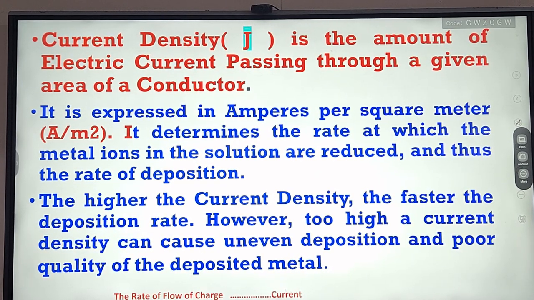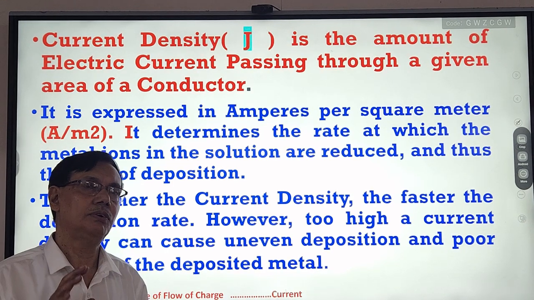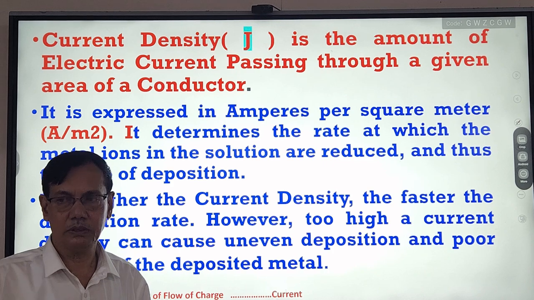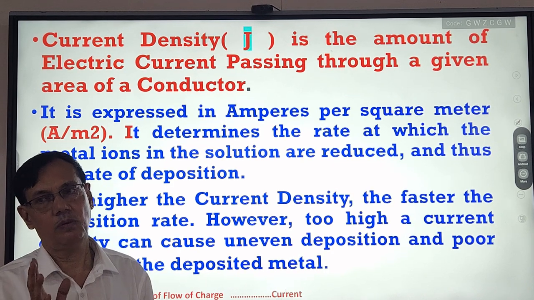Now if I ask you to define the current density, because sometimes in examination, before the first point, because it is in your prospectus, what is current density and overpotential.